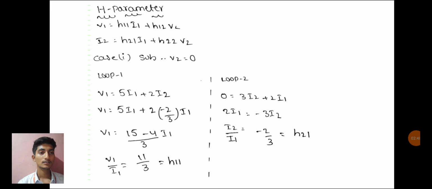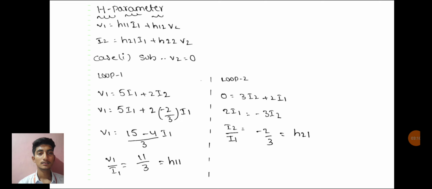This is H21. Then V1 equals 5I1 plus 2 into minus 2 by 3 I1, which is 11 by 3 I1, so V1 by I1 equals 11 by 3.